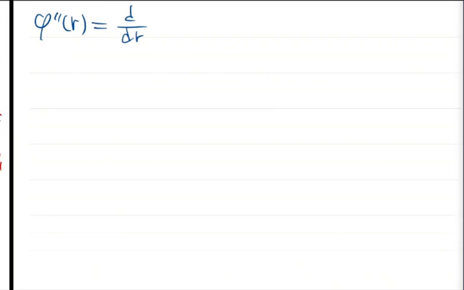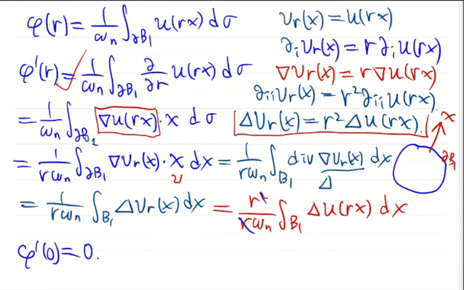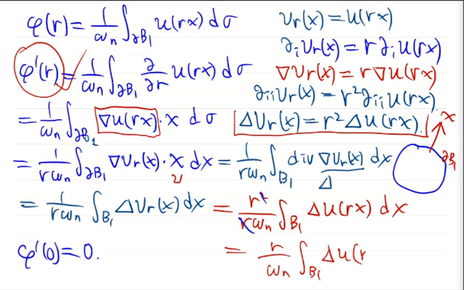So phi double prime r would be the derivative of the first order derivative. We have just computed phi prime r. The final result is r omega n, integral over B1, Laplacian u(rx) dx.